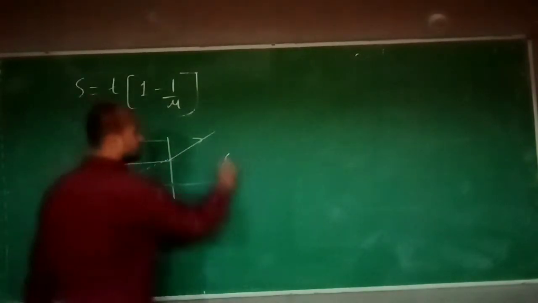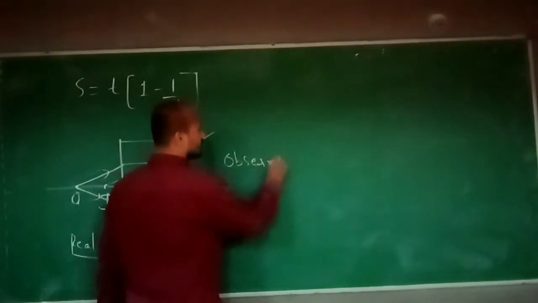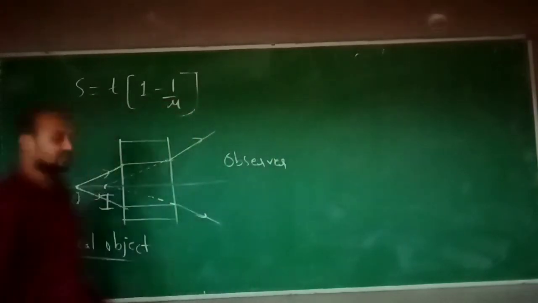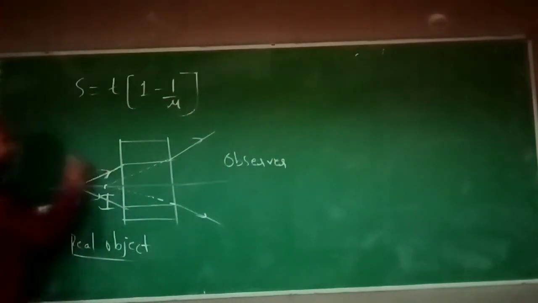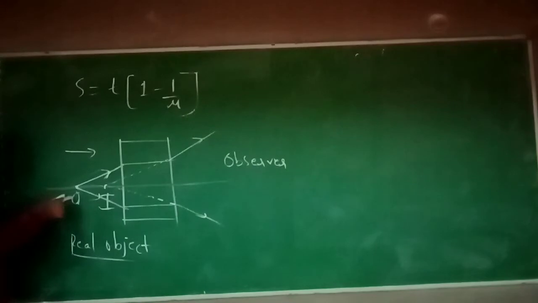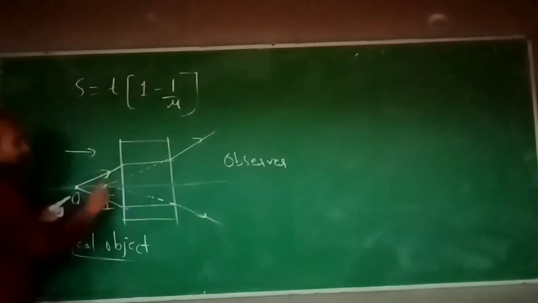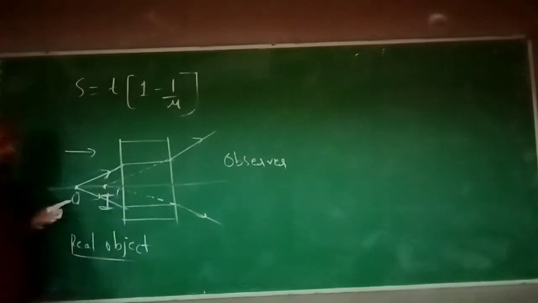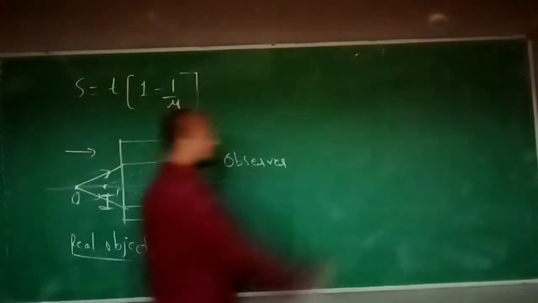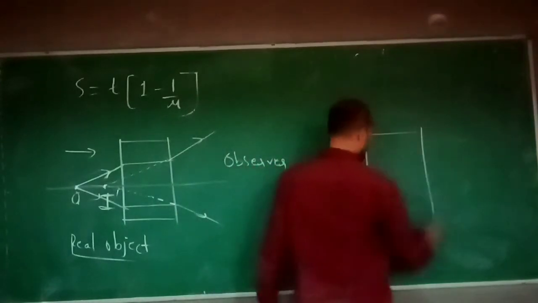This was for a real object. Here the observer is there. So the shift was happening in this direction. The shifting of the object was happening in this direction. When a real object is there, the light will go here, and the final image is going to form here. O I dash.